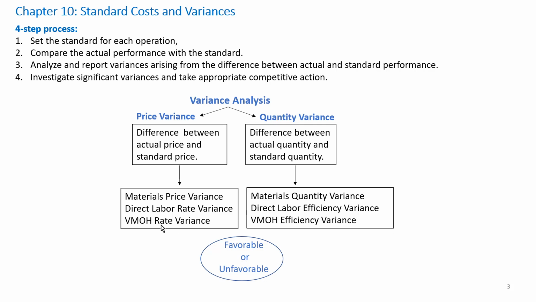When discussing quantity variances, variances relating to direct materials are referred to as quantity variances, while variances for direct labor and variable manufacturing overhead are referred to as direct labor efficiency variances and variable manufacturing overhead efficiency variances.